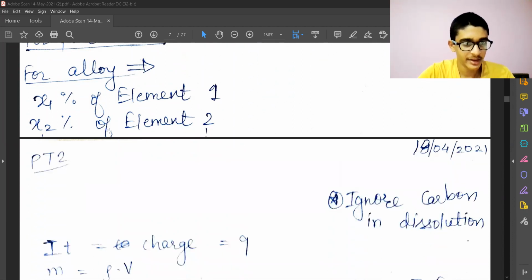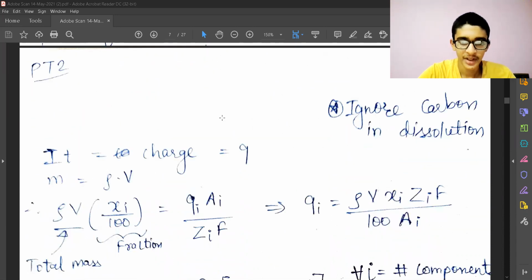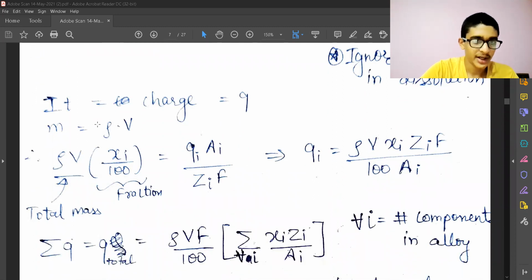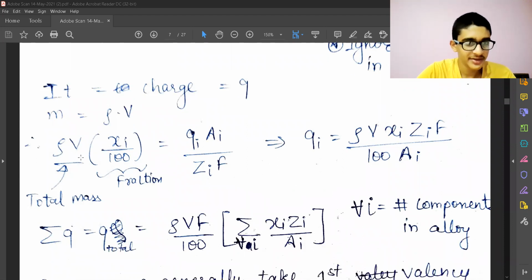Let's say in an alloy we have x1 percentage of element 1 and x2 percentage of element 2. Generally we'll ignore the carbon because its dissolution is not going to happen. IT was the charge, and M was equal to rho V. So combining this, rho V into the fraction is equal to the total Qi, Ai by Zi into F. This is the charge, atomic weight, valency of dissolution and Faraday, and this was the total mass into the fraction of mass.